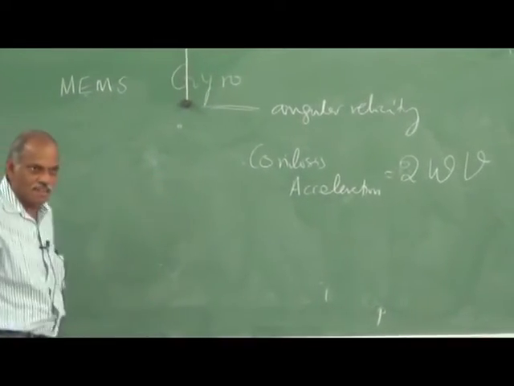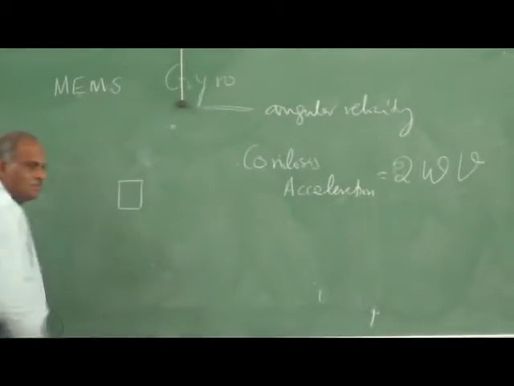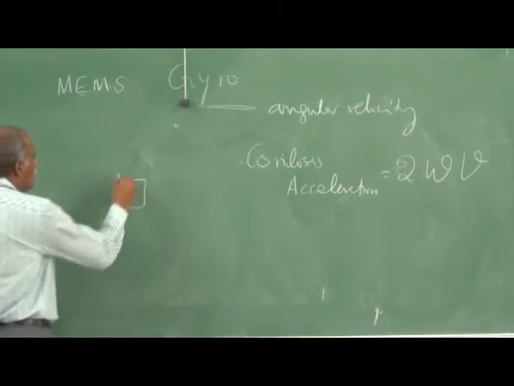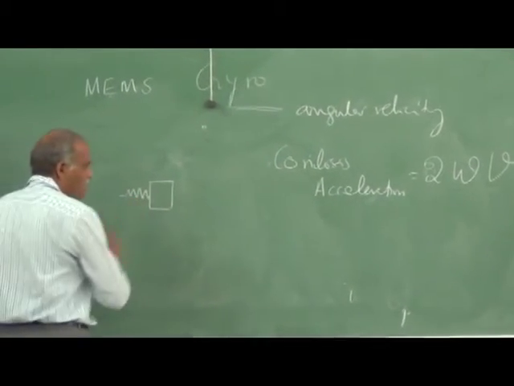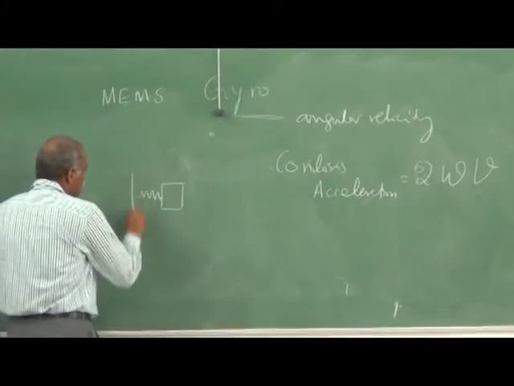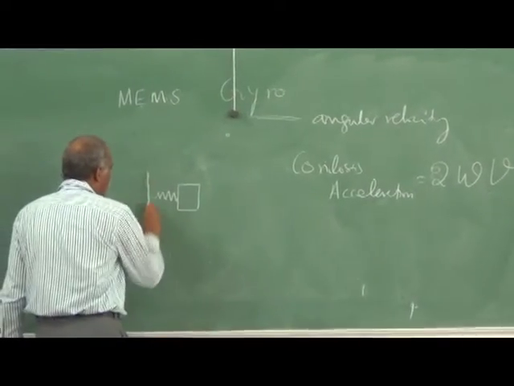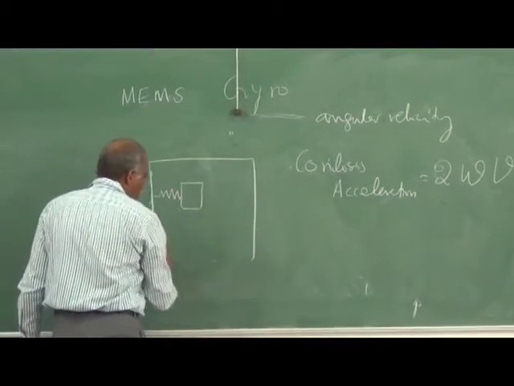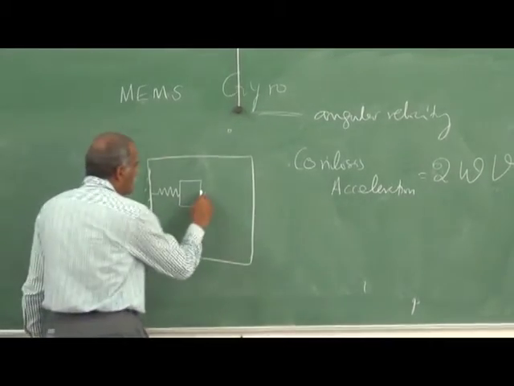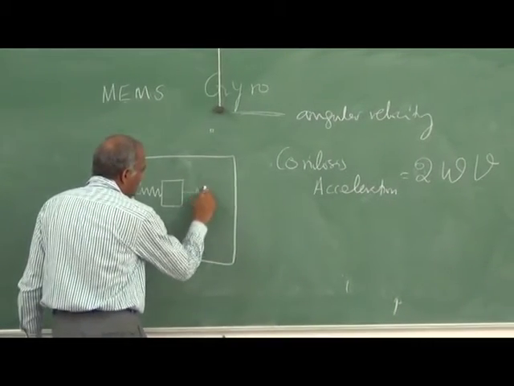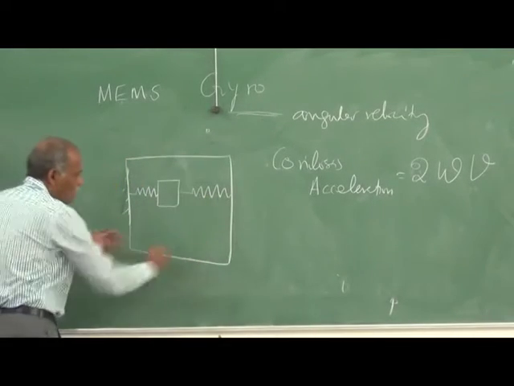So how to measure the acceleration itself? You can have a mass, then you think of a spring element attached to it. So this is some kind of a frame. So I can think of some device like this. A mass is there and you have a spring. So let me have a spring on either side. So this is attached to a frame.